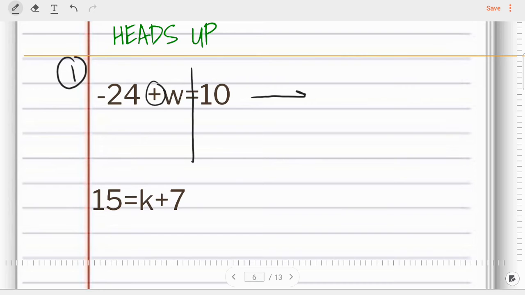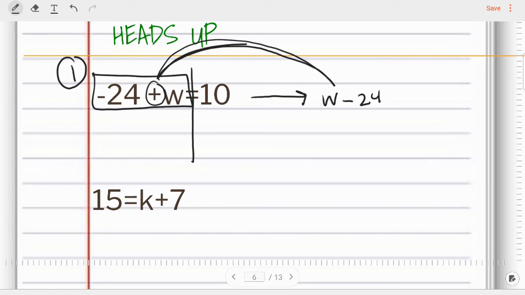So we're going to rewrite this problem. And I'm going to take this portion right here and I'm going to write an equivalent expression. The w is positive, so I'm going to write down w, and the 24 is negative, so I'm going to write down minus 24. Now notice, since these are equivalent expressions, it doesn't matter what order I write them in.